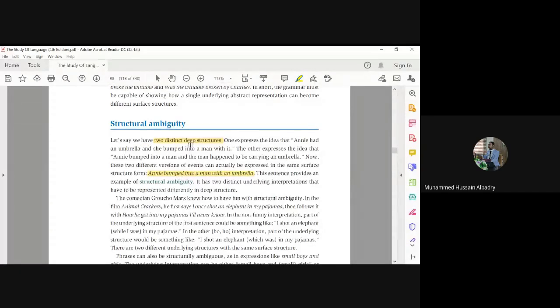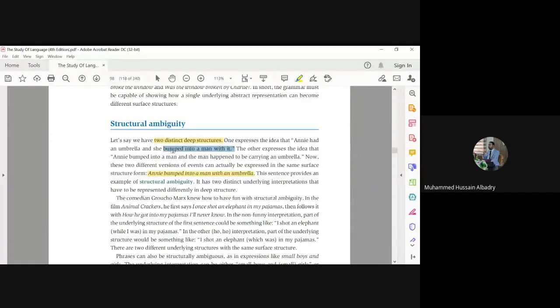Here, two interpretations. One expresses the idea that Annie had an umbrella. When you say Annie bumped into a man, it means she hit him with the umbrella. Annie had an umbrella and she bumped into a man with it.